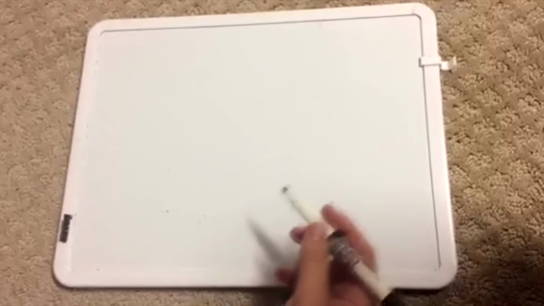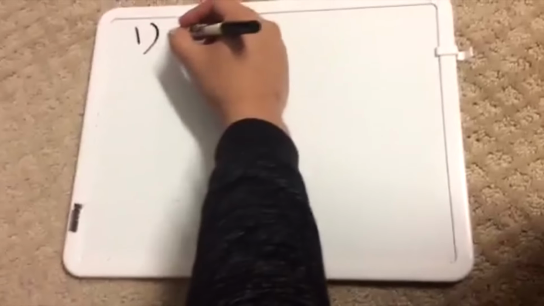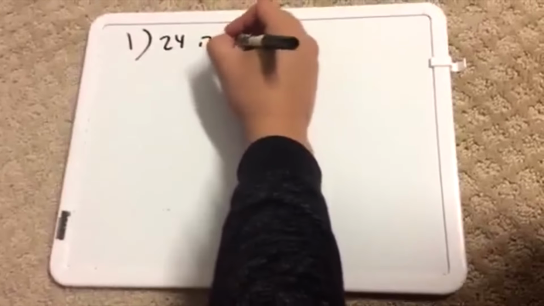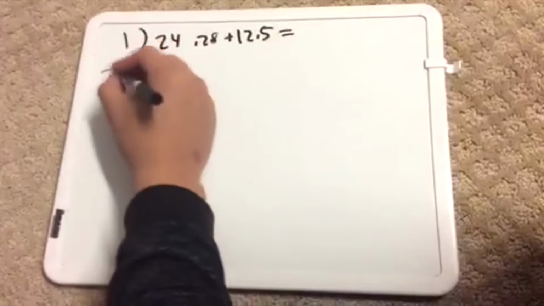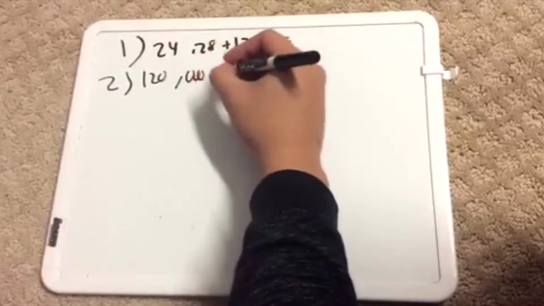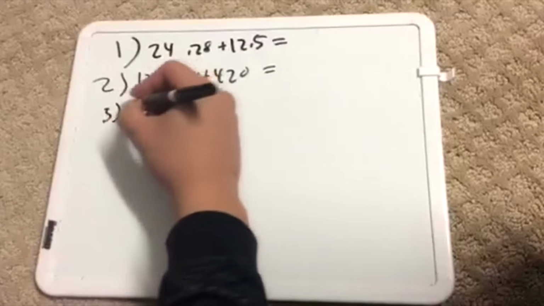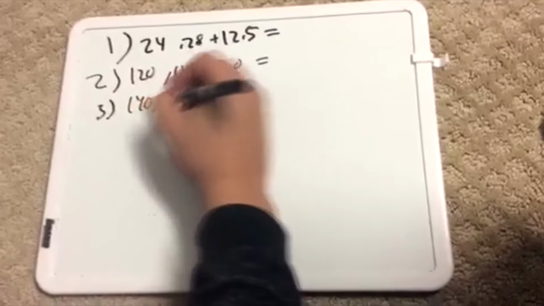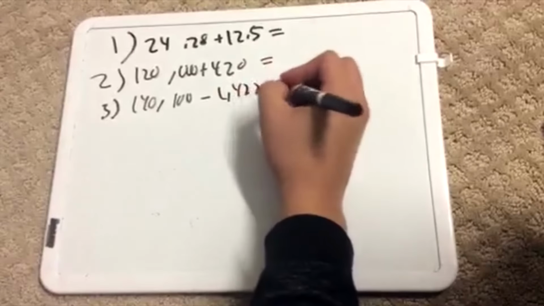Okay, now I want you guys to try. So I'll write down 6 problems for you guys to practice with. So 24.28 plus 12.5, and 120,000 plus 420. Then 3, 140,100 minus 1,422.